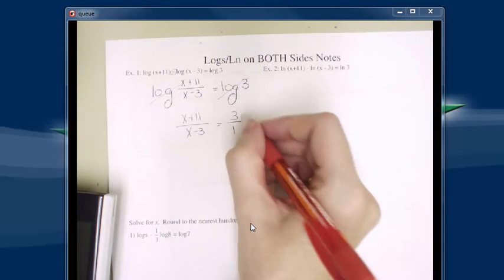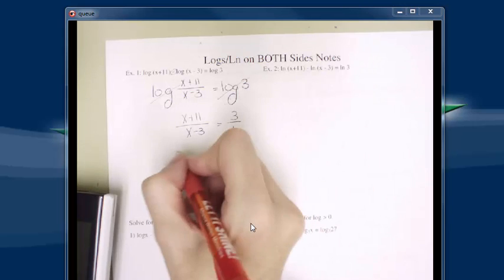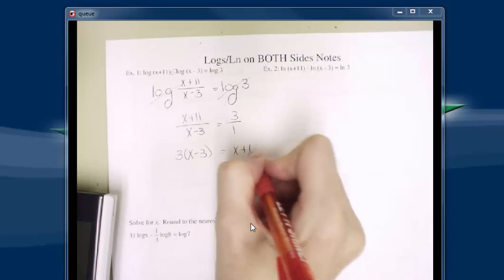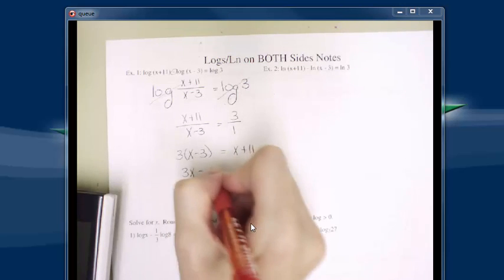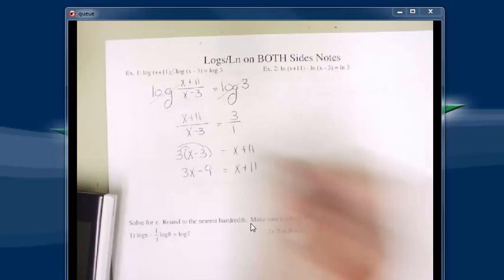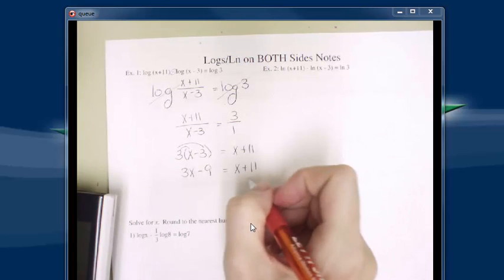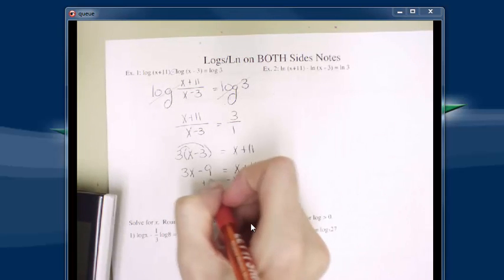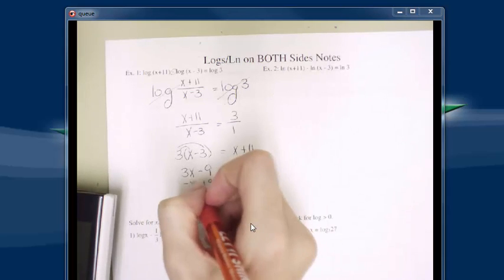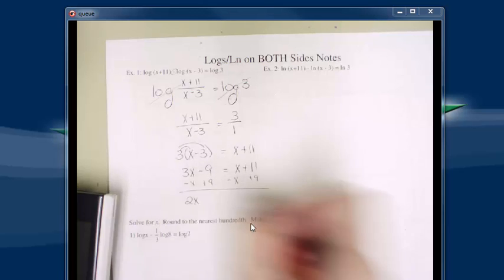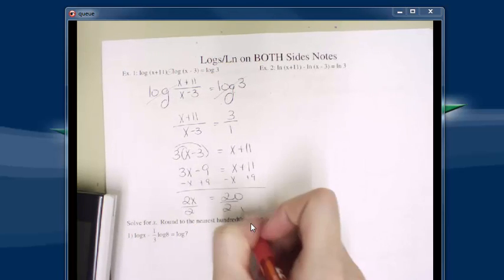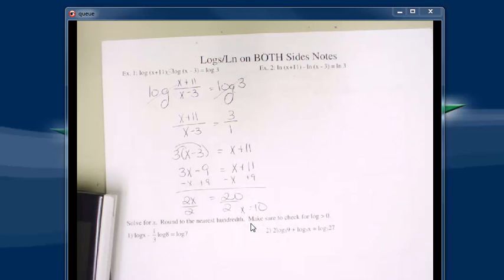I'm going to put the 3 over 1 so I can cross multiply. I distribute it, and now let's see, subtract the x and add the 9. So 2x equals 20, divide by 2, x is 10.